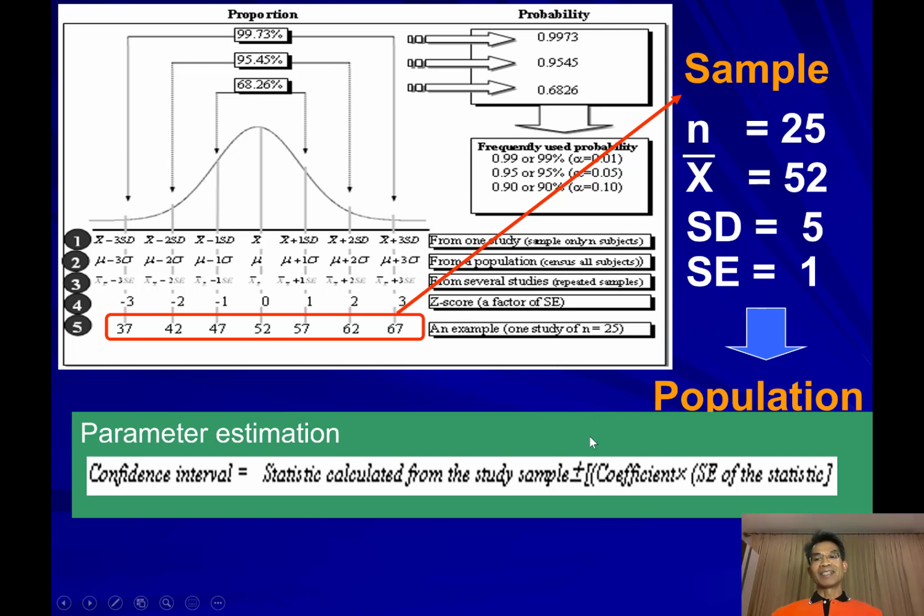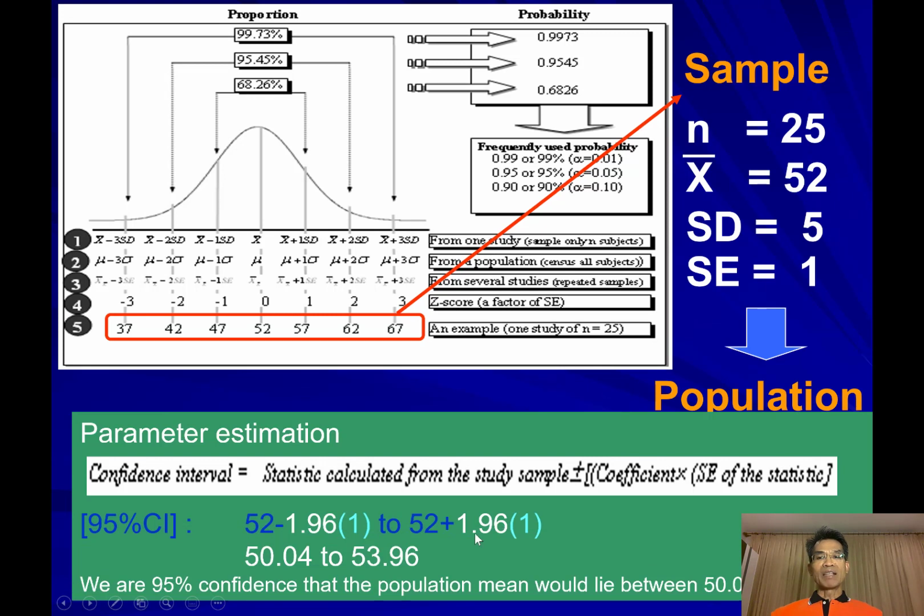And that is the number 1.96, which corresponds to 95%. So that's the coefficient. Therefore, if we want to have the 99% confidence interval, we will take the value up to here, not 0.73, but 2 point something, right? Not touching 3.